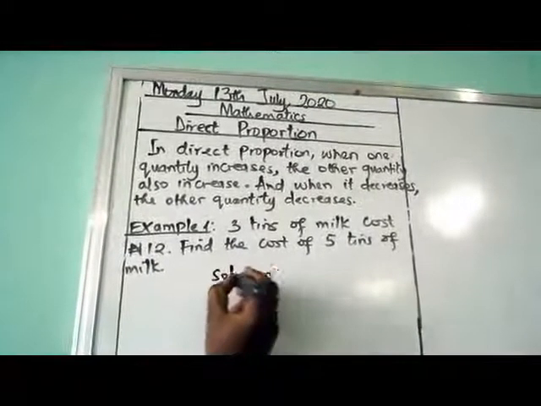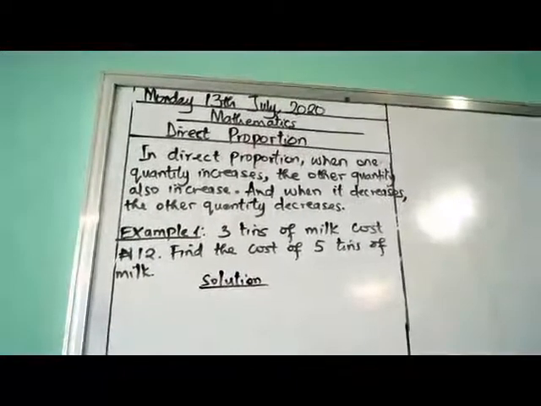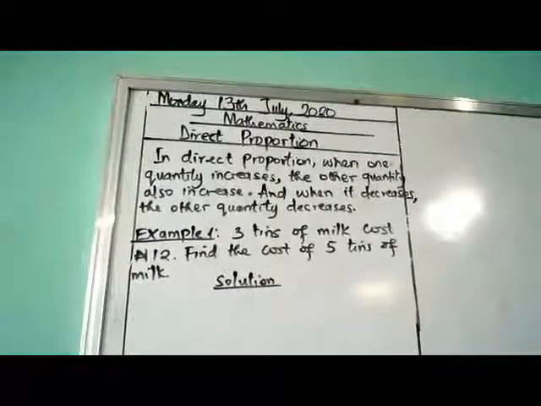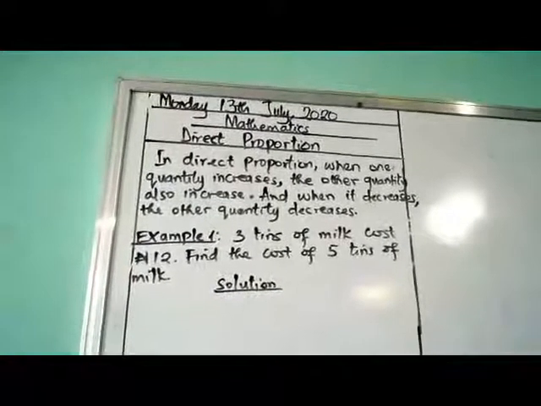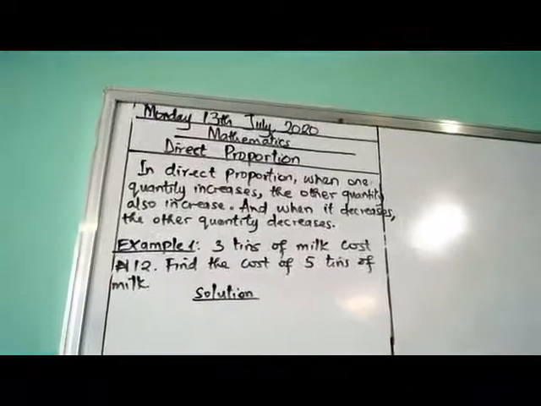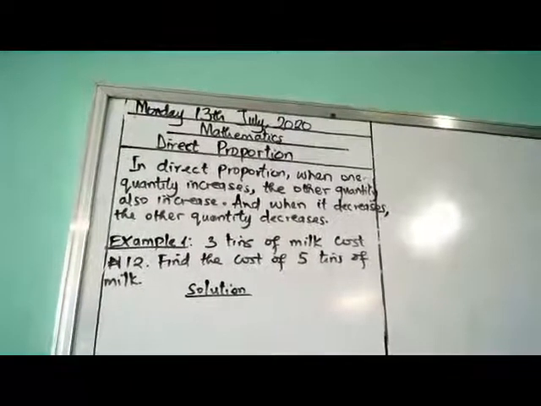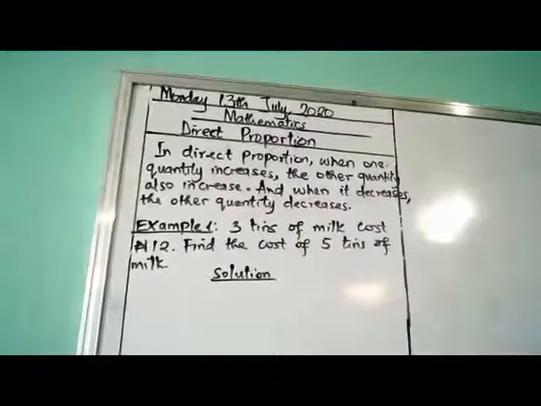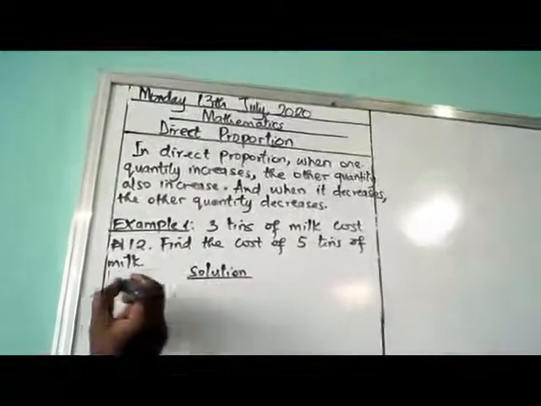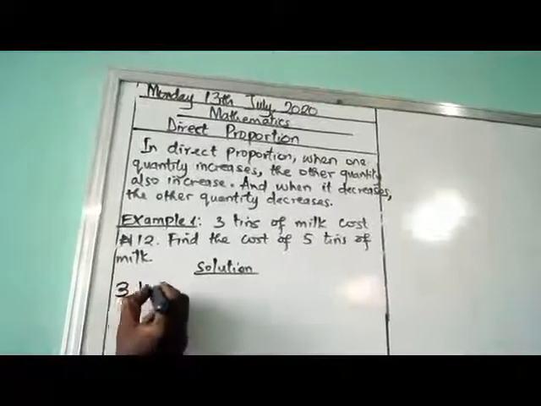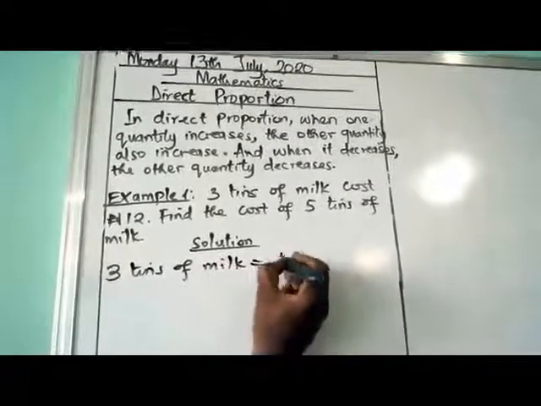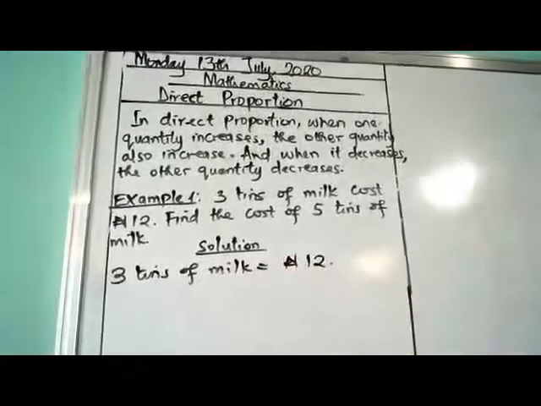Now, to solve this particular question, if 3 tins cost 12 naira, there will be a need for us to determine how much 1 tin of milk costs. Then when we are able to find that, it will be very easy for us to find the cost of 5 tins of milk. So we have 3 tins of milk equals 12 naira.